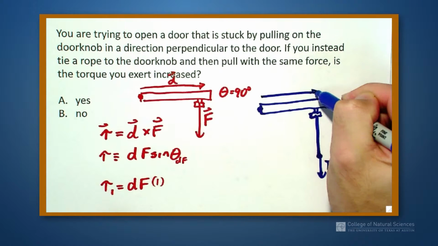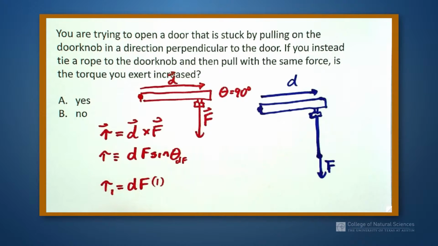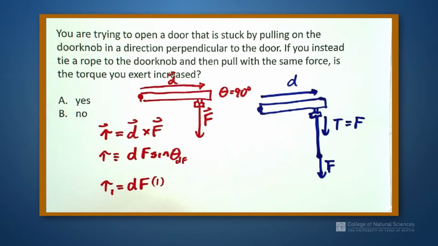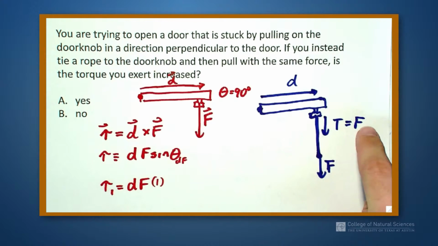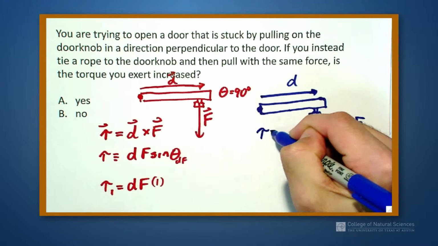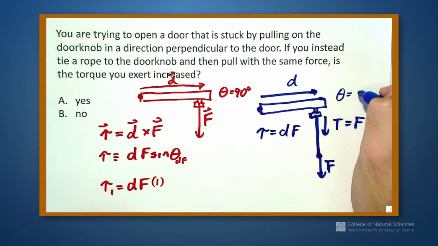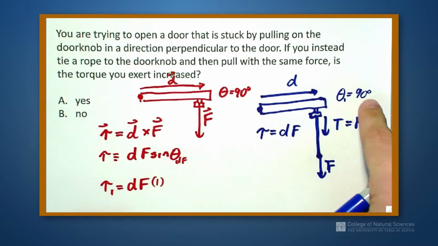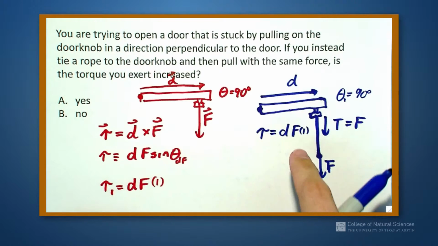The first way is that I have a distance to where my string is attached, and the string is providing a tension force, which happens to be equal to our applied force. So in this case, I still have the same d. I have a different force, but it's the same magnitude. So the torque on this one is going to be d times F again. And again, my angle in this case is going to be 90 degrees, and 90 degrees is going to give us the value of 1 again. So I get the same torque.